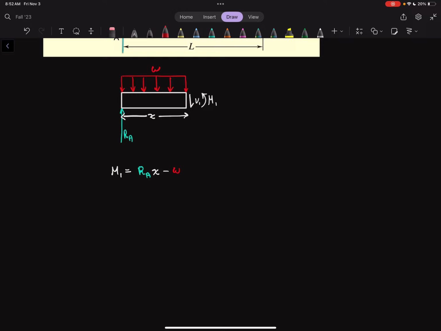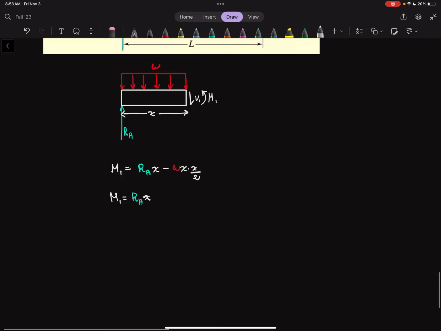And it's going to be W times the total distance X, which gives me a force at a distance of X divided by 2. So we can say that M1 is equal to RA times X minus W times X squared divided by 2.